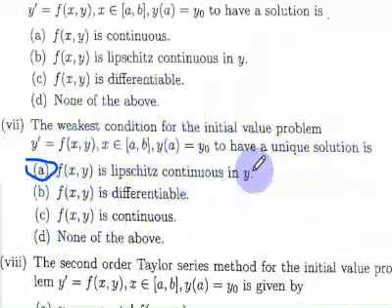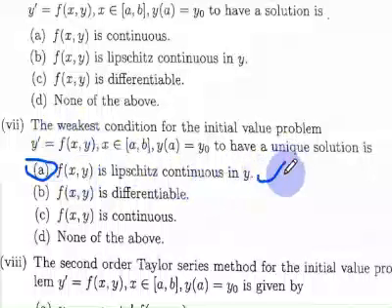If there exists a unique solution, then this has to be Lipschitz continuous with respect to y. So this is the correct one. This is the weakest or least condition it should satisfy.